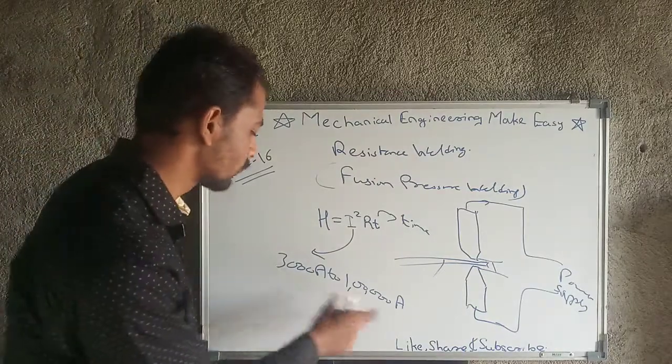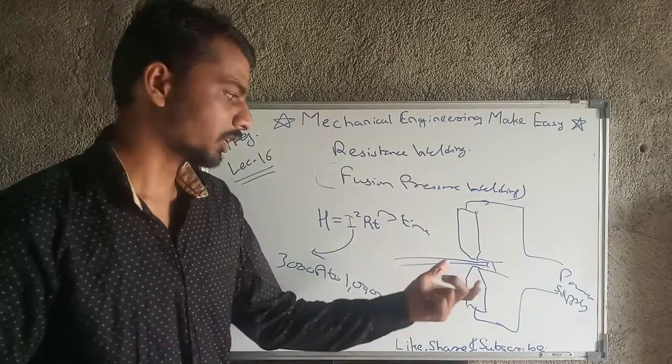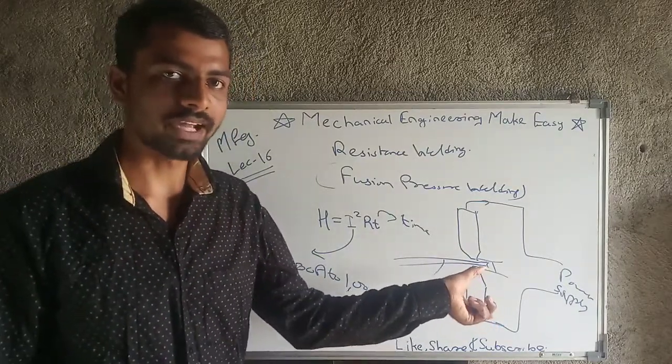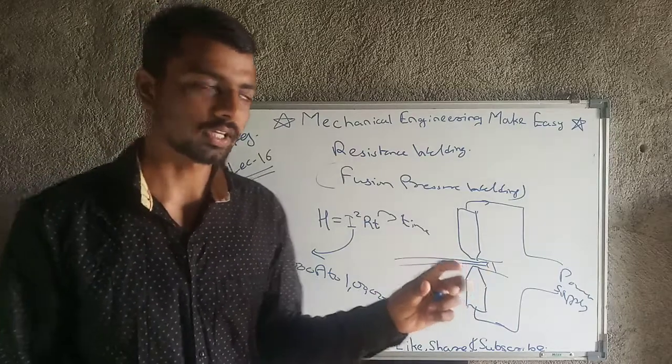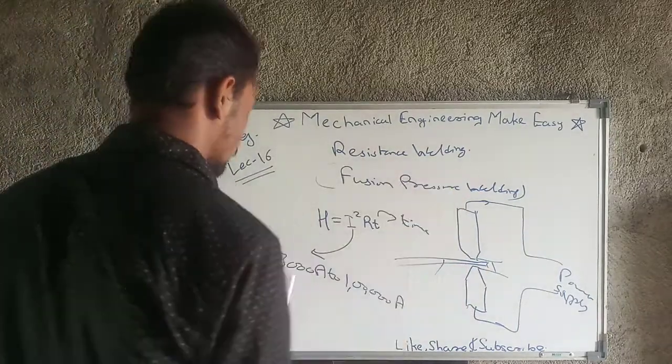So you can imagine how high an amount of current we are flowing, and that's why the heat will be generated very high, and within any 1 microsecond the joint is prepared. Okay, that is the basic principle of fusion pressure welding or resistance welding.